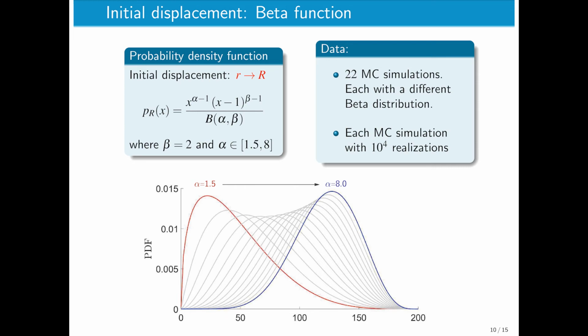It is important to remark that the shape of the PDF changes with alpha, as shown in the present figure. So, for values of alpha closer to 1.5, there is a higher probability of having values of R below 100, while for alpha equal to 8, there is a higher probability of having values of R above 100.